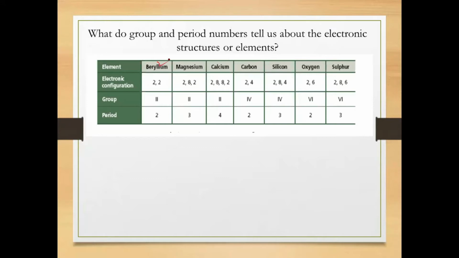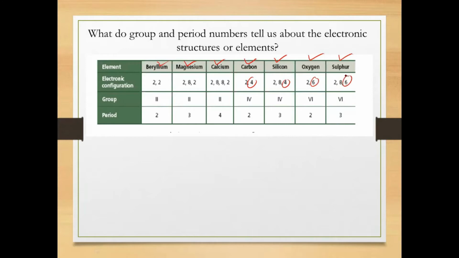If we talk about groups like group number 2, group number 3, group number 4, what does it show us? If we talk about beryllium, it belongs to group number 2, and we know that it has 2 valence electrons. Then magnesium from group number 2 has 2 valence electrons. Calcium, group number 2, again has 2 valence electrons. Then carbon, group number 4, has 4 valence electrons.